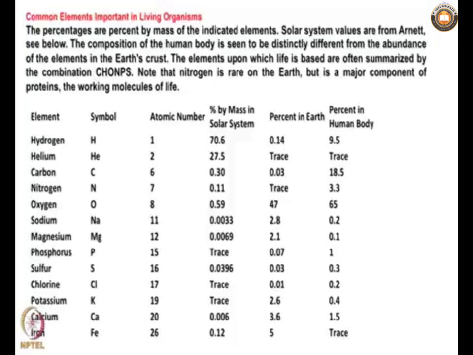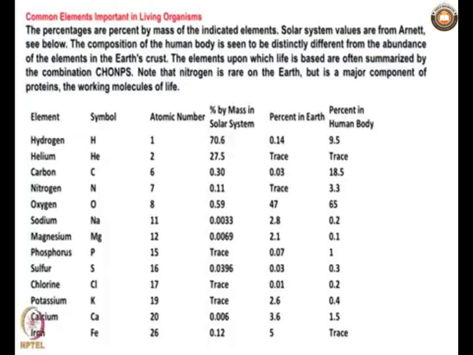That means almost 98% of the solar system consists of hydrogen and helium together, whereas its presence is very minimal, about 1.14%, in Earth, and interestingly, in the human body, it constitutes about 9.5%.